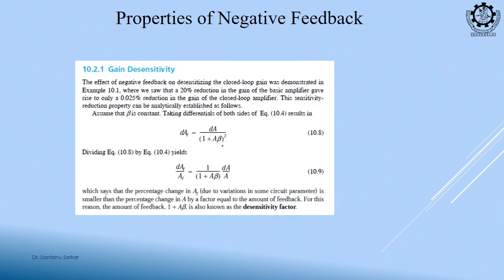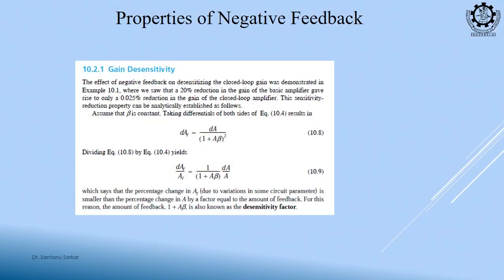Now, this is what we are talking about, the gain desensitivity. We understand that gain is reduced, and the dependency is such that if a delta change happens in the feedback factor, how much will it affect my output? That is sensitivity.